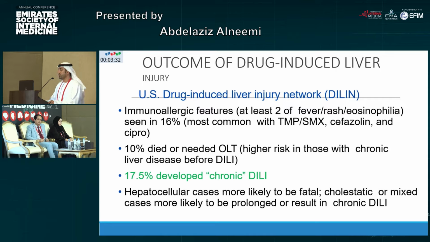So outcome of drug-induced liver injury. The U.S. Drug-Induced Liver Injury Network looked at this, and immunoallergic features, at least two of fever, rash, eosinophilia, were seen in 16%, most common with Bactrim, cefazolin, and Cipro. 10% died or needed liver transplant, at high risk in those with chronic liver disease before DILI. 75% developed chronic DILI.